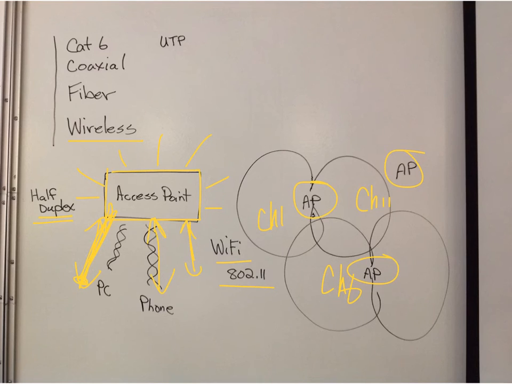So that's our wireless. We talked about fiber, multi-mode, single-mode fiber. We mentioned a little bit of coaxial cable and Cat6 unshielded twisted pair. In the curriculum, they go through these specifics that you need to know at this point.